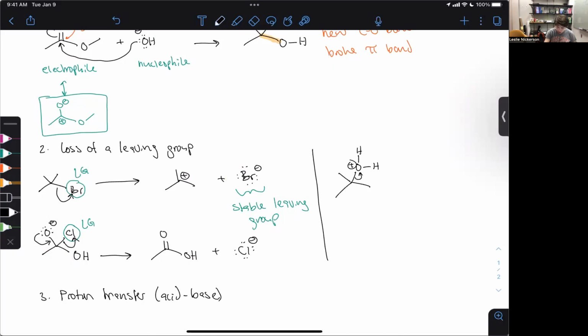So if we just kick that off, this is going to get us to a tert-butyl carbocation and water. So again, we've got our leaving group right here, and then we have it over here. So leaving group leaving is another pattern.